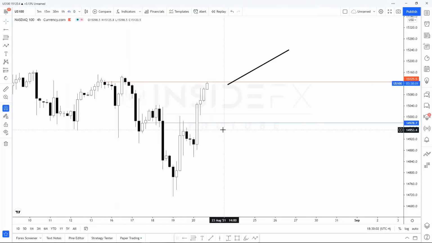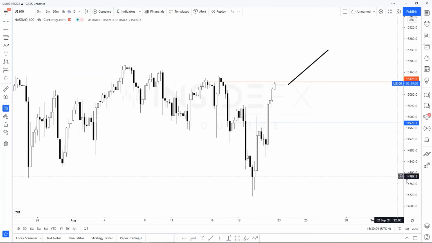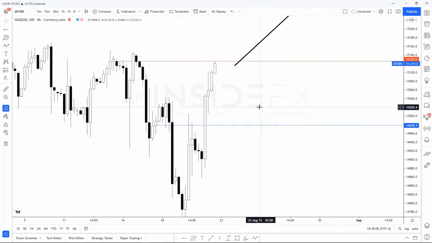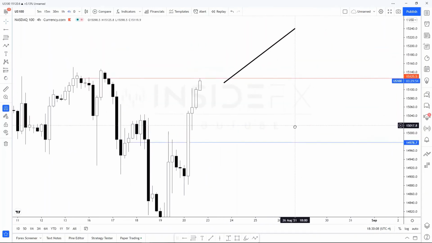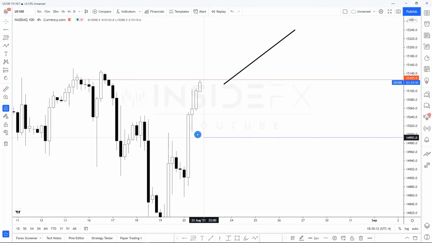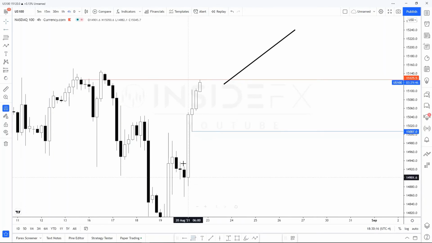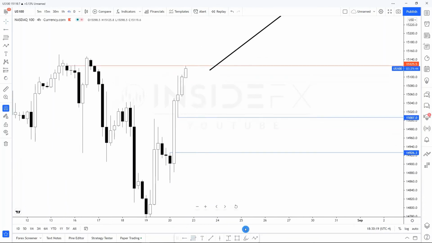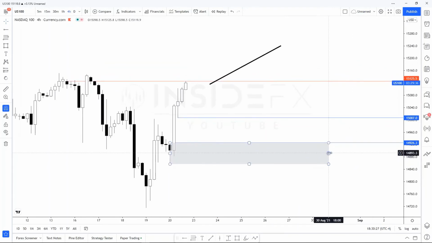Let's head to the 4-hour and see how we can refine this. On the 4-hour we have a lovely imbalance from that low, and let's use the high of that candle, then obviously the last down close candle, which we can use as our area of interest to start stalking price for long opportunities.